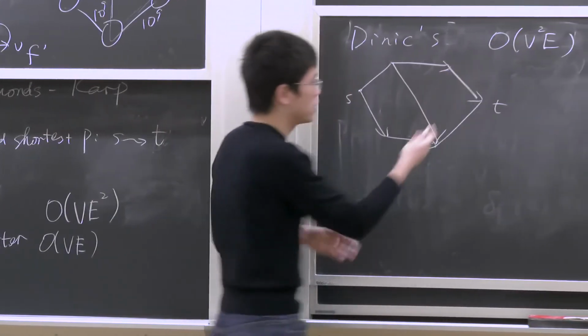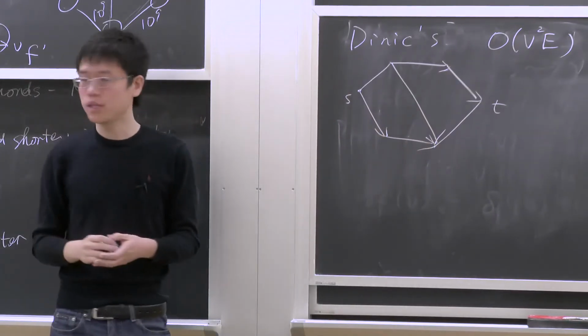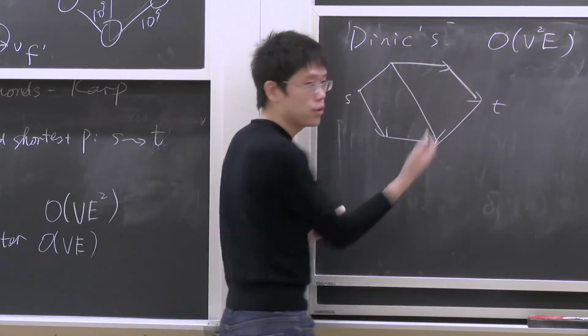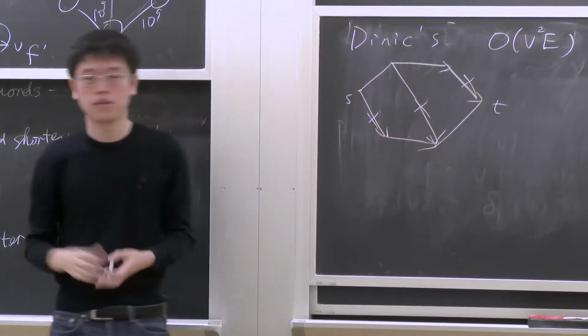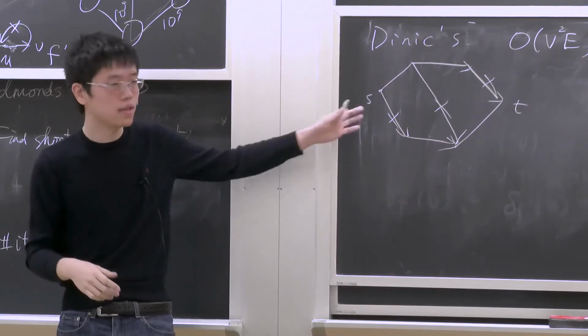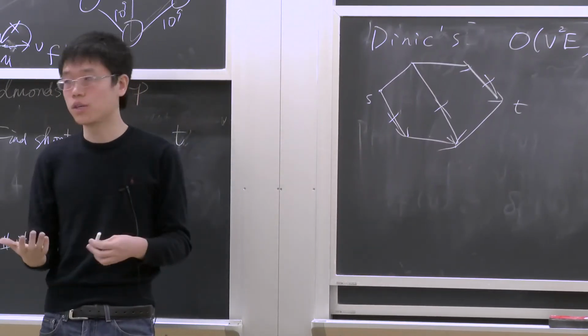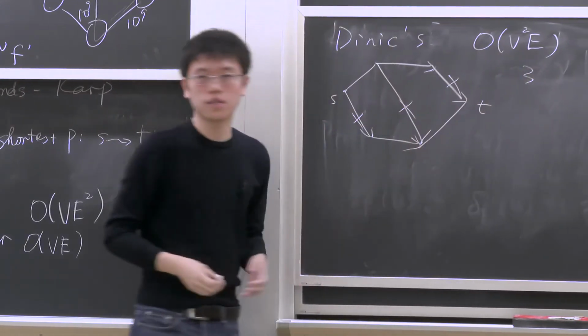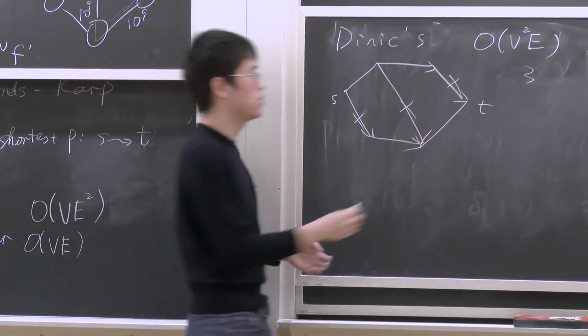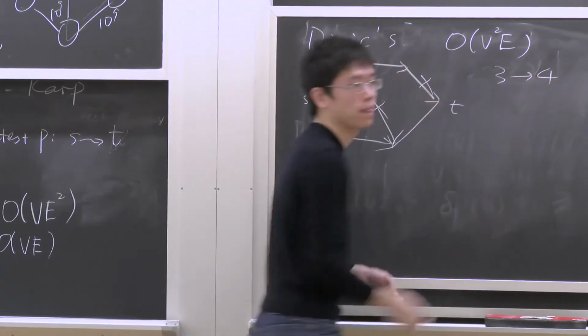Then, because they are all shortest paths, when I augment that, each path will be broken. Right? Maybe I'll get rid of this edge, and that edge. And the thesis is that the shortest path will increase. Right? Here, the shortest path is 3, but I have destroyed all the shortest paths of length 3, so I'm going to a shortest path of 4.